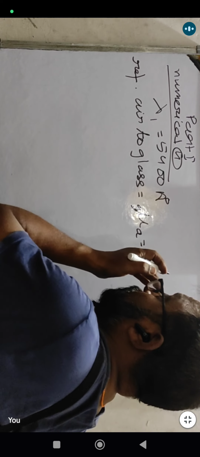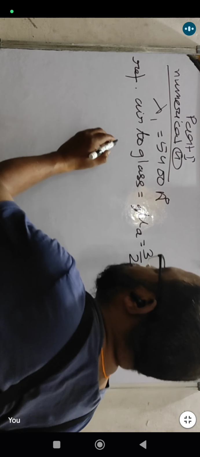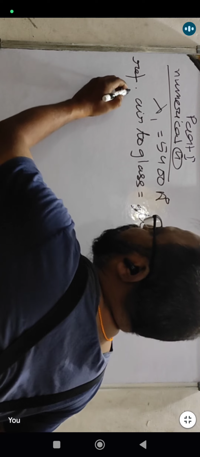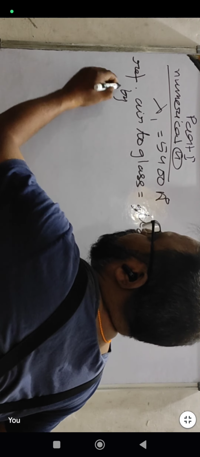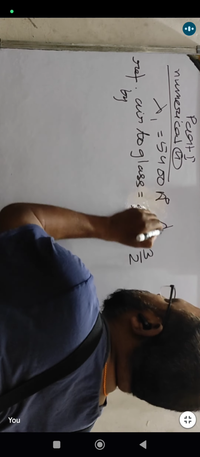Okay, so refractive index. By law of reversibility, we have to find lambda 2. Lambda 2 means wavelength in glass.